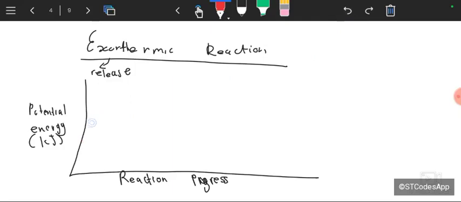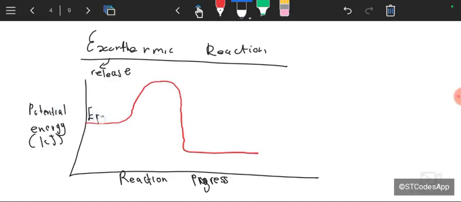So this one starts, then it goes up, because you want to meet the activation complex for you to start reacting. You meet the activated complex, you go down, you don't stop, and then you go that way.